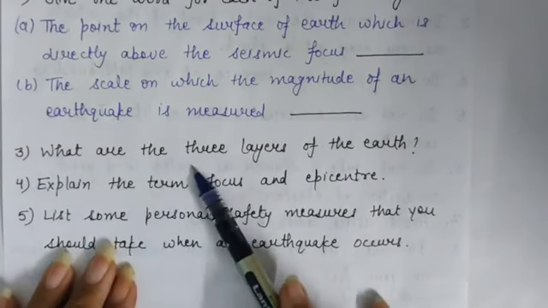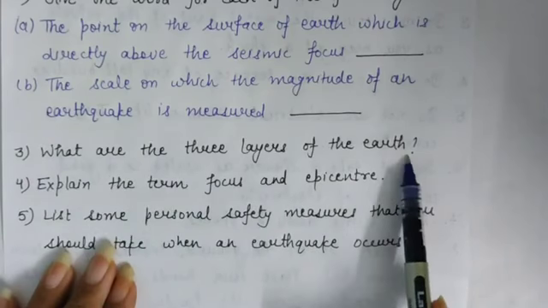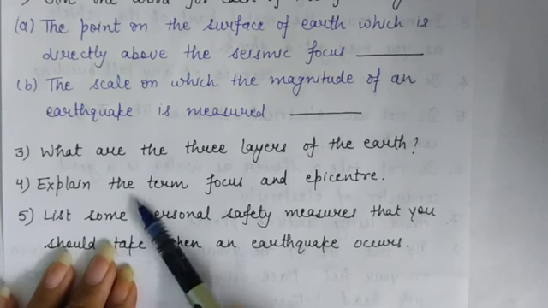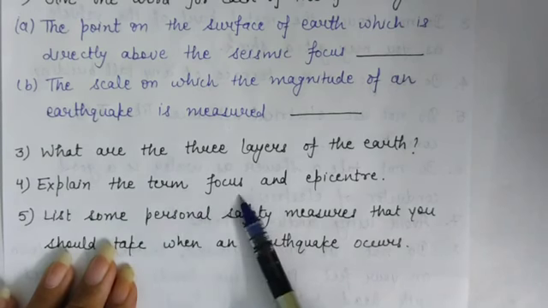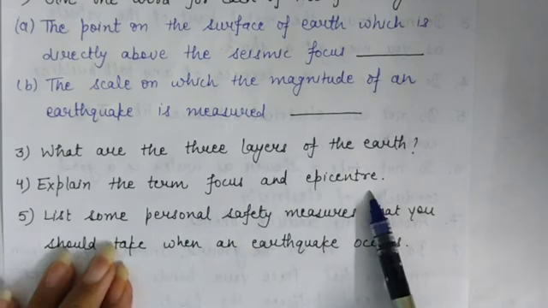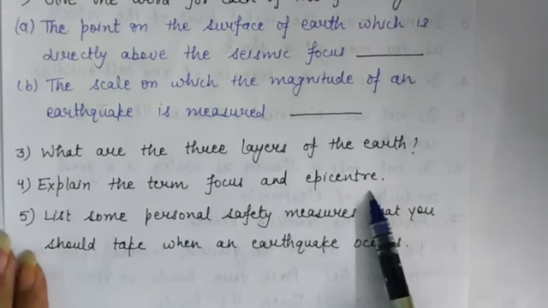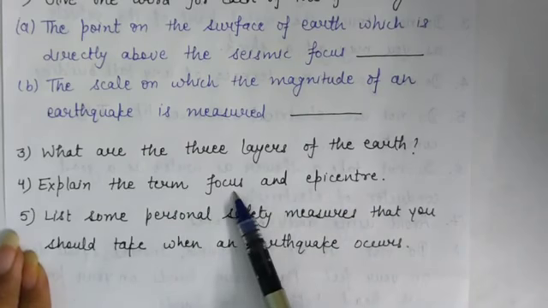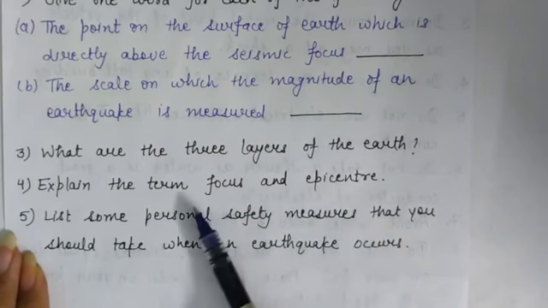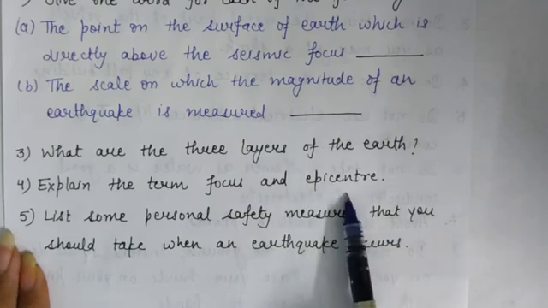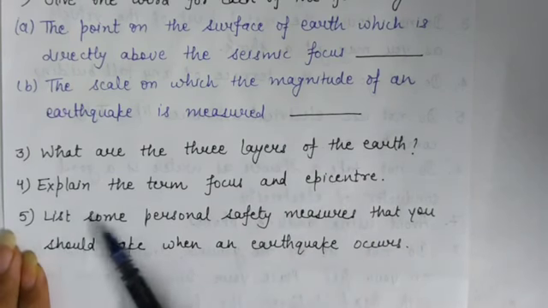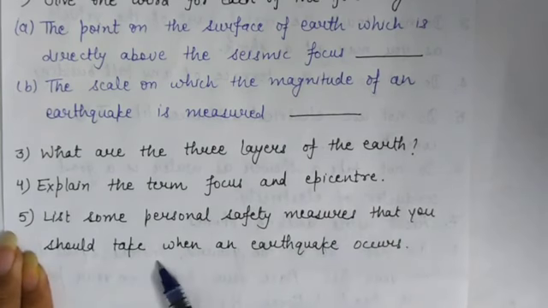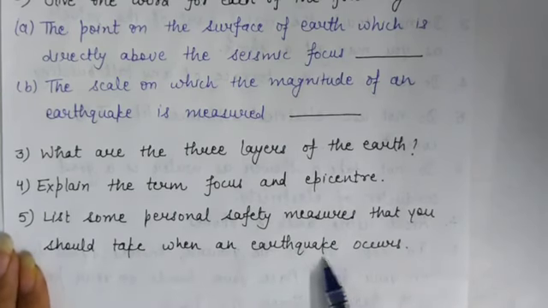What are the 3 layers of the earth? Question number 4. Explain the term focus and epicenter. Means you have to write about seismic focus, okay, and about epicenter, that what is seismic focus and epicenter. Question number 5. List some personal safety measures that you should take when an earthquake occurs.